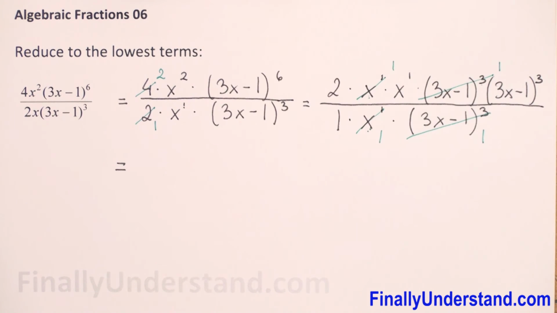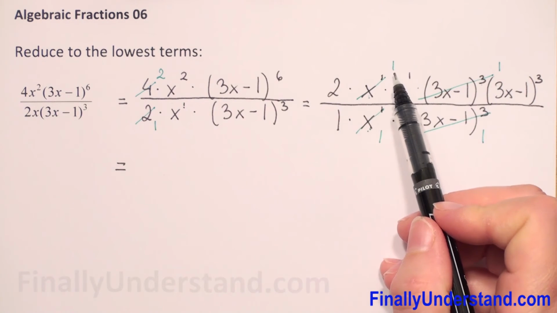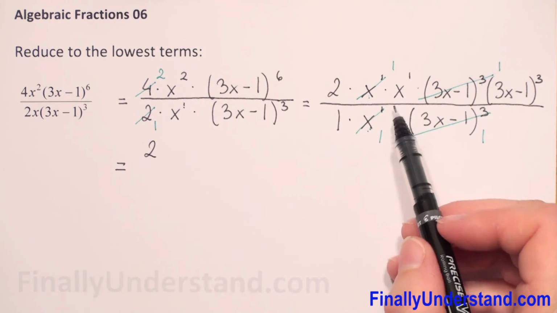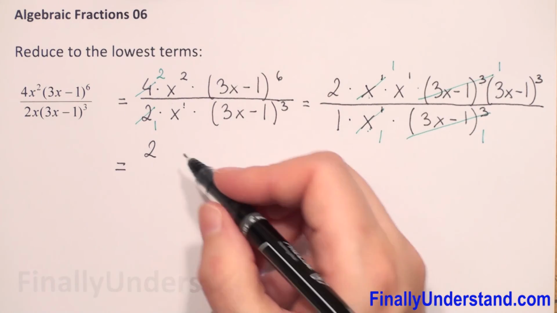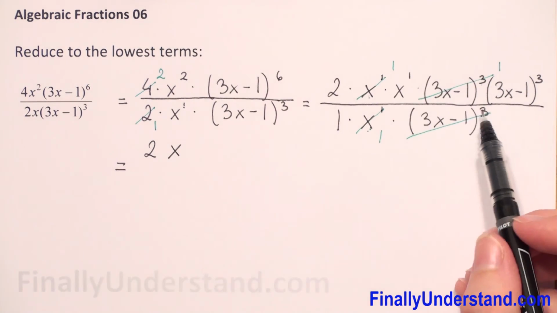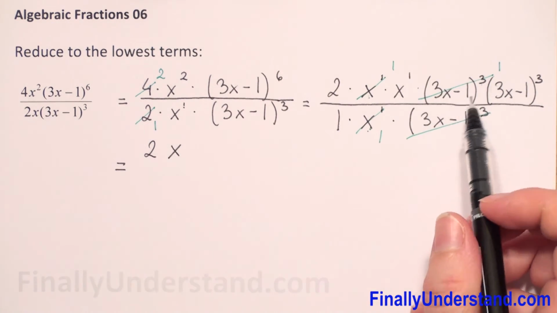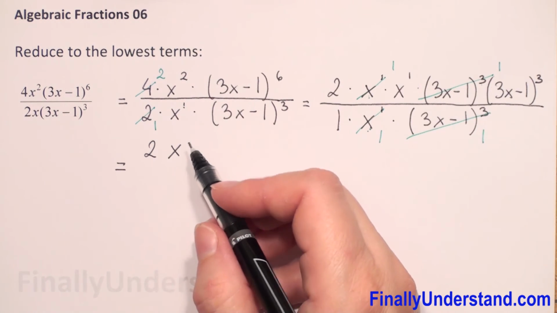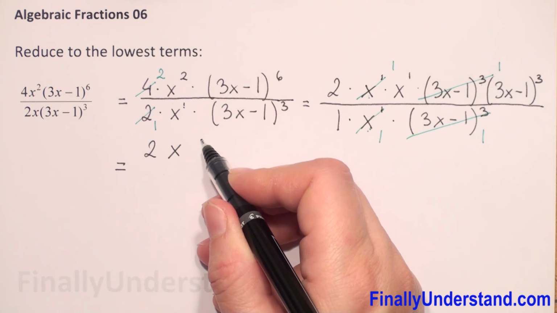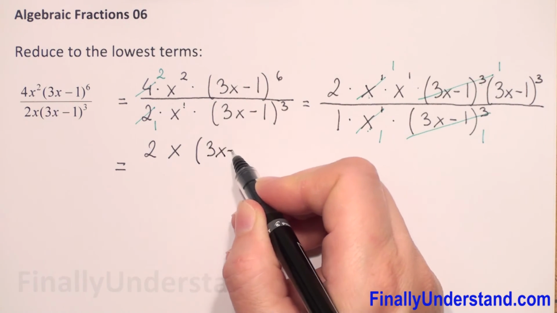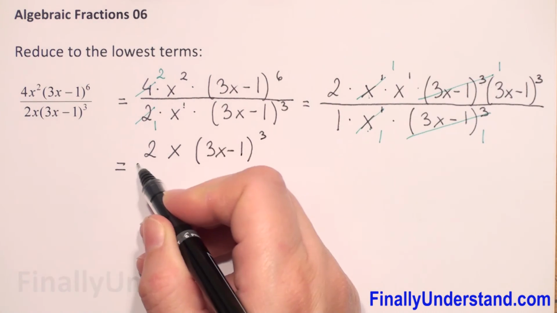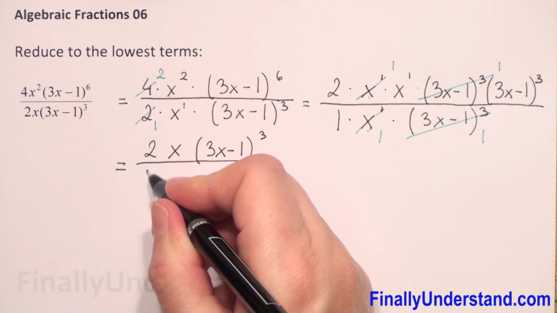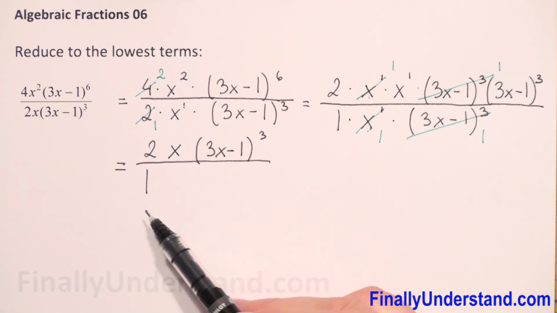So now we can do multiplication. 2 times 1 is 2 in the numerator, and we have times x to the 1st power, so this is x, times 1. 2 times 1 is still 2, it didn't change anything, and we have times (3x minus 1) to the 3rd power over, and we have 1 times 1 times 1 is 1, so in the denominator we have 1 only.